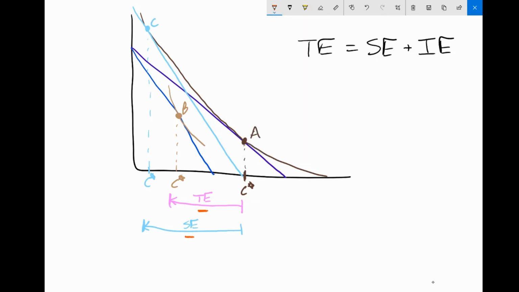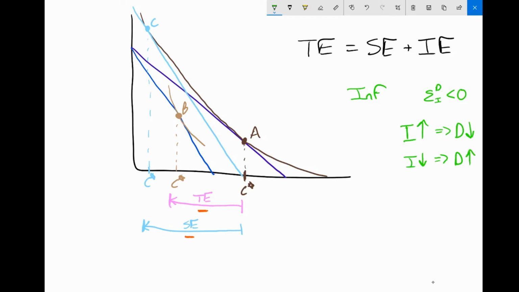It's always negative. The income effect for an inferior good, right? Remember, for an inferior good, the income elasticity of demand is negative. That means as income goes up, demand goes down, and the alternative as well: as income goes down, demand goes up.